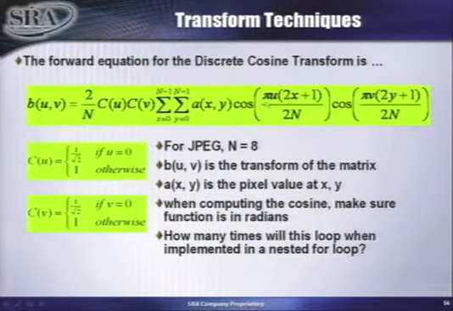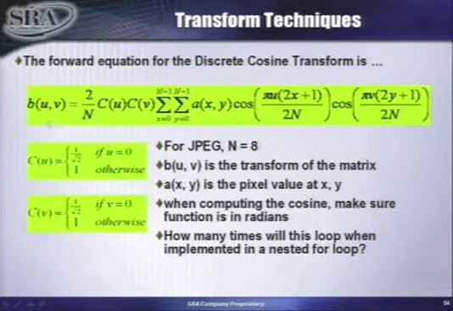And then there's also a u and v component. u and v is the output matrix, and we're going to get an output matrix of equal size to the input matrix. So u and v are also going from 0 to 7 and 0 to 7. So now, for every 8 by 8 block, for the quick-minded, how many loops? We've got 8 squared in here times 8 squared out there.